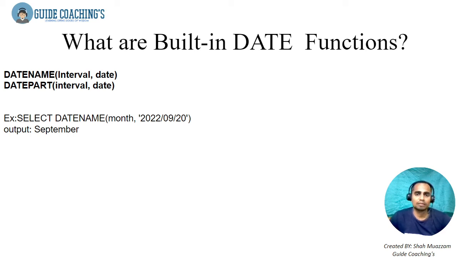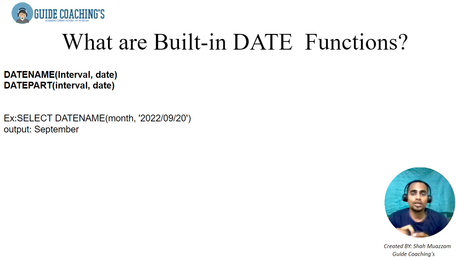So now the example would be, I have taken this example. If you take DATENAME and give a particular date, that is 2022-09-20, at that time you write an interval name, whatever exactly you want. I want month, so it will give me the name of the month, because it's DATENAME.